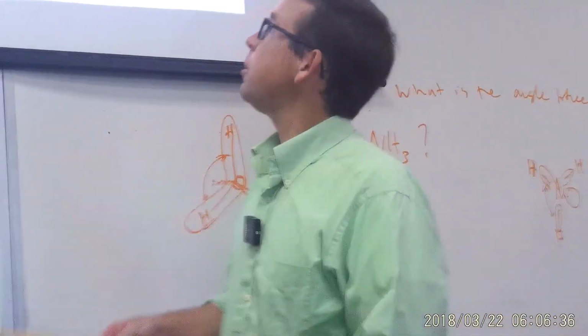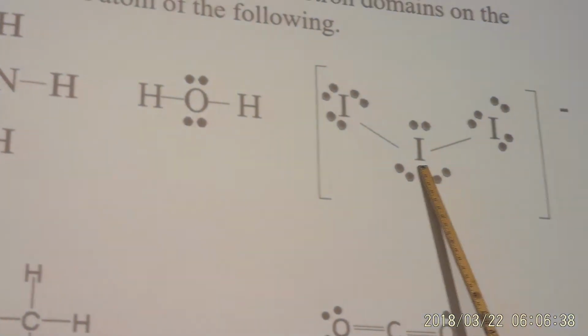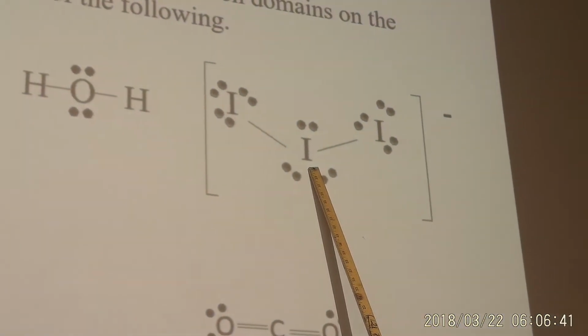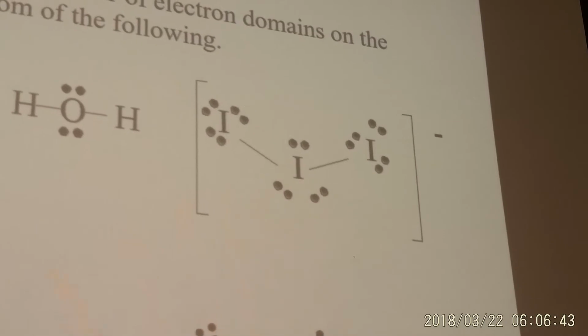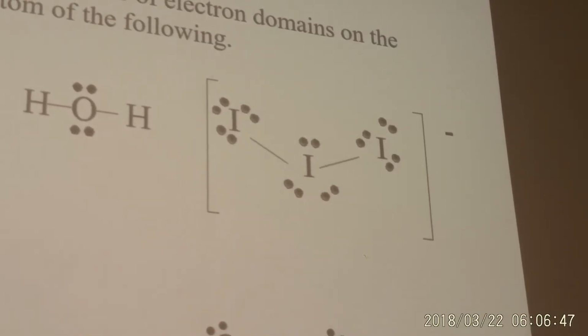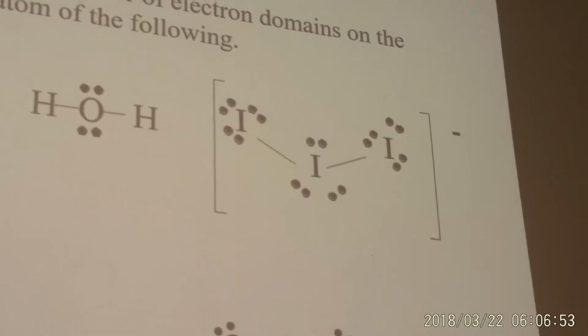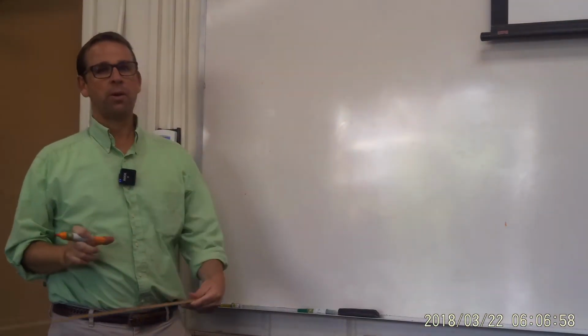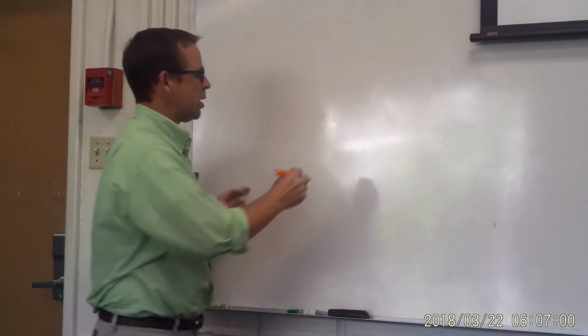All right, how many regions of electron density are around the central atom in this polyatomic ion? 5. 5 regions of electron density. We haven't talked about that yet, have we? Let's talk about how 5 regions of electron density would arrange themselves around a central atom. Here's how it works.